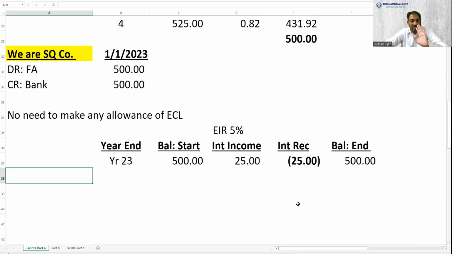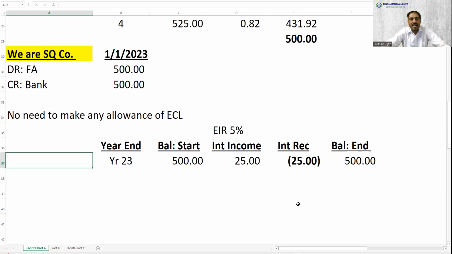But the last point for this concept: why does a normal investor like SQ invest in credit impaired financial assets? Because there may be a chance that credit impair aspects or credit impair losses become reversed. This may also be possible.